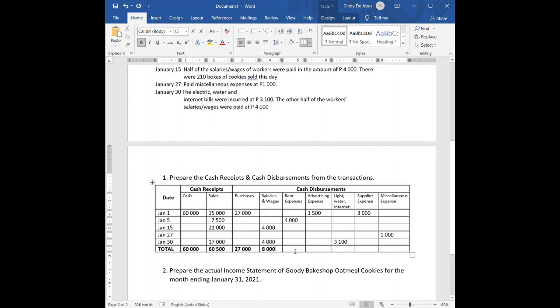So we're just adding up everything. So 1,500. And then 3,100. And of course, 1,000. So you're done already with your cash receipts and cash disbursement.